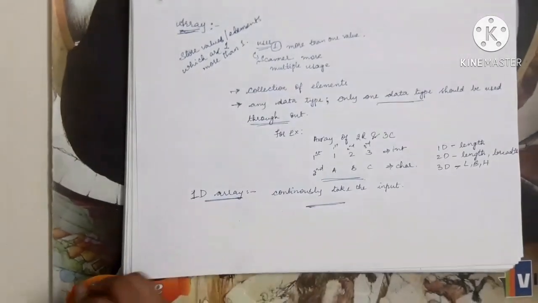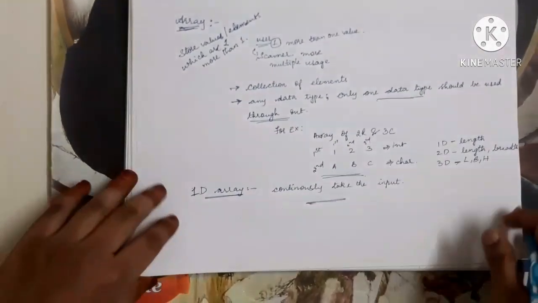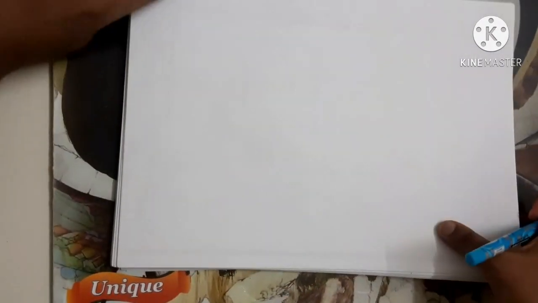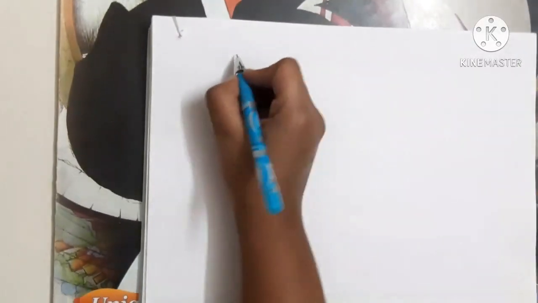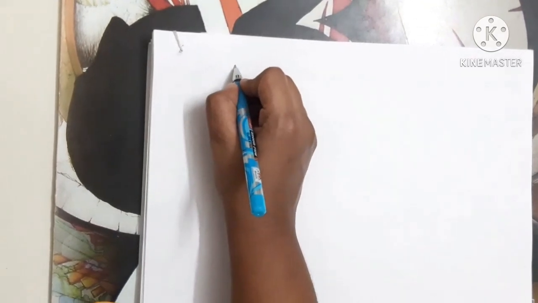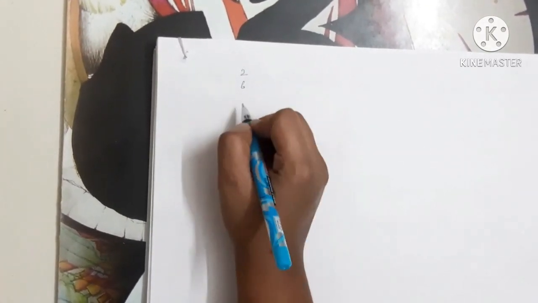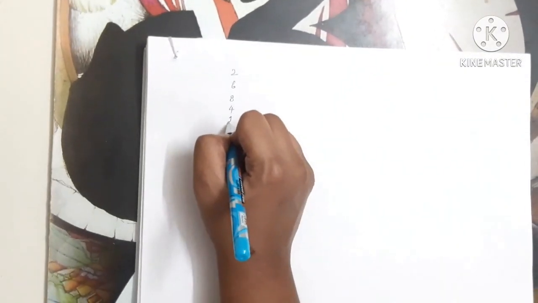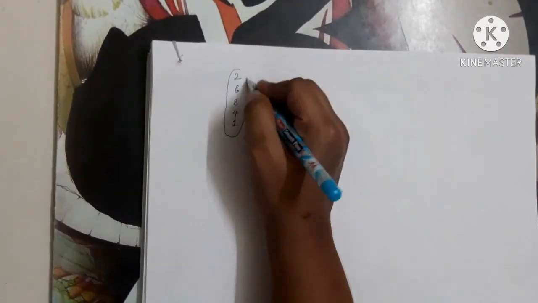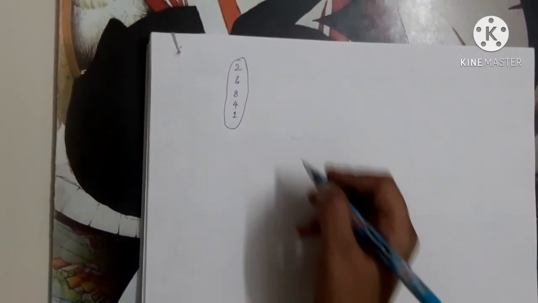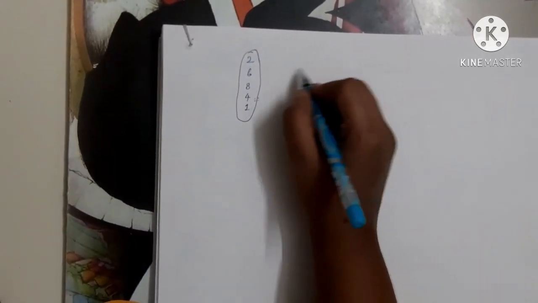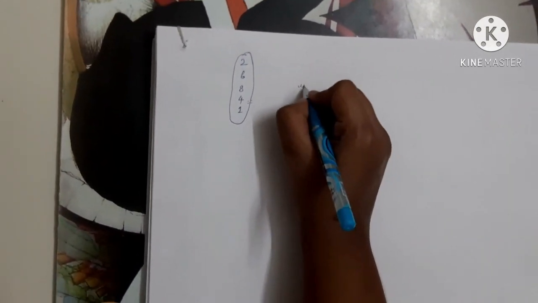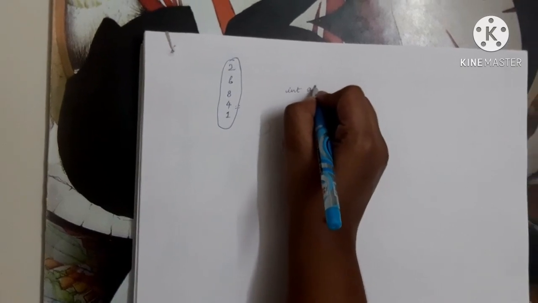So let me take a simple code for you to understand. My code is to print the numbers 2, 6, 8, 4, 1. I'll give these numbers as input, and I need to get these numbers as output. The first part would be int a.